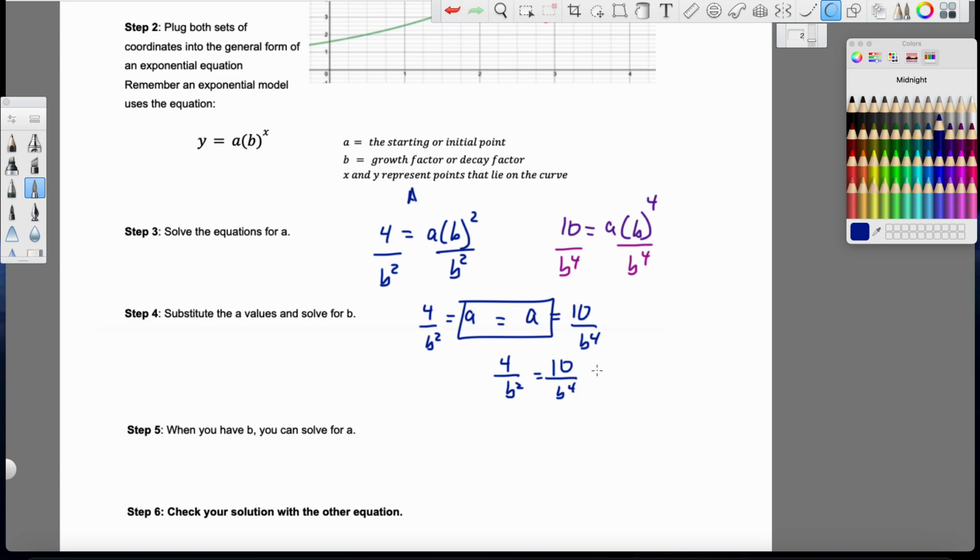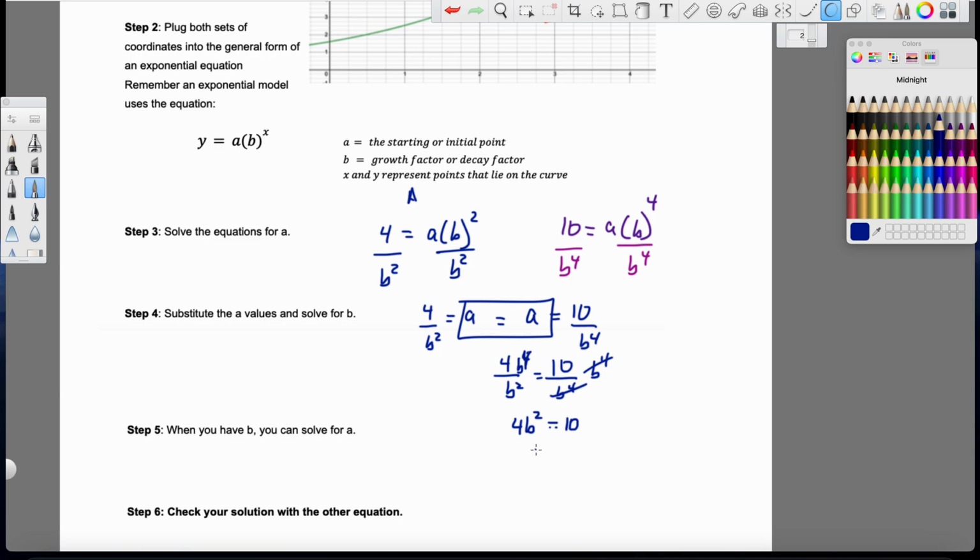We just solve for b. So how about we multiply by b to the fourth on this side. So that cancels. And that's supposed to be a 4 there. 4b to the fourth divided by b squared is 4b squared, right? Remember our exponential rules: b to the fourth divided by b to the second is b squared.